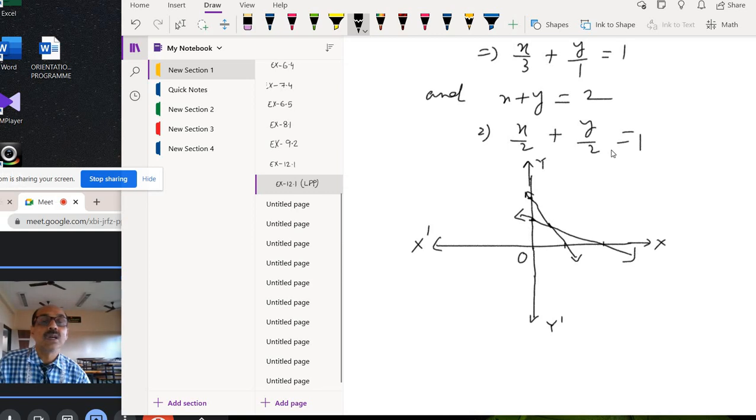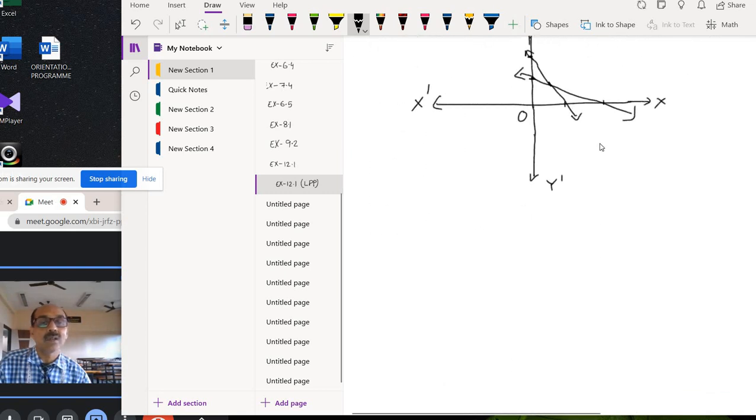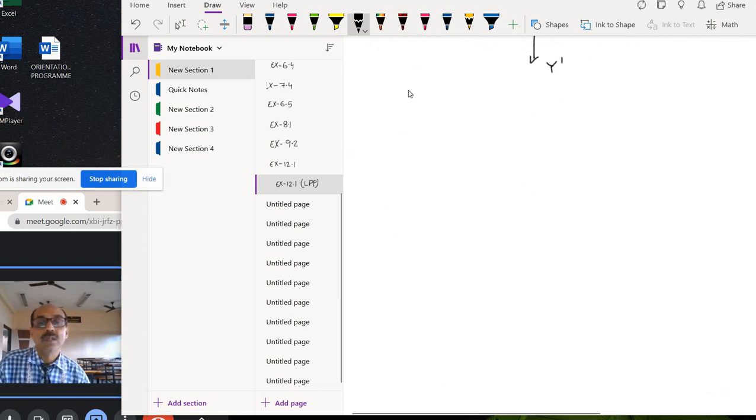Okay, now see the direction of these two lines. If we put 0, 0, then 0 greater than equal to 3 and 0 greater than equal to 2. Is 0 greater than equal to 3 true or false? This is false.